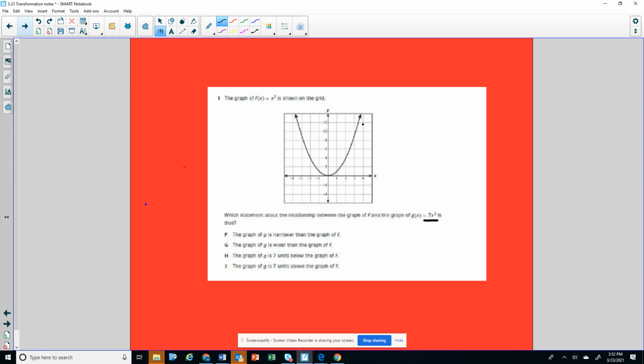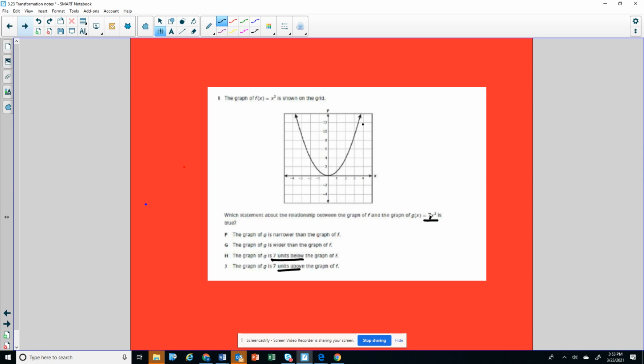Now, if you get stuck on a test or a quiz, you can use a calculator and graph both functions, but that's going to take some time. Let's see which one it is not. Well, it's not going to be H and J because H and J talk about below and above F. Nowhere does the question talk about that.